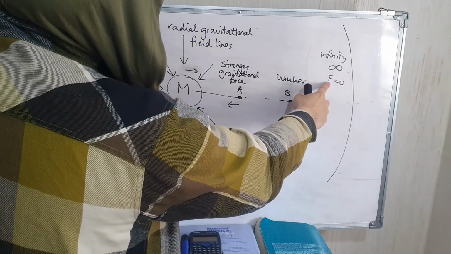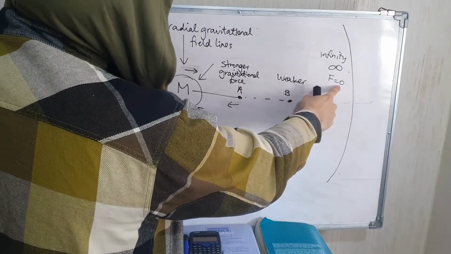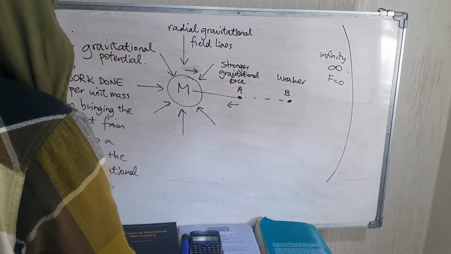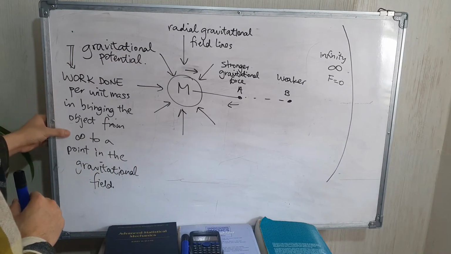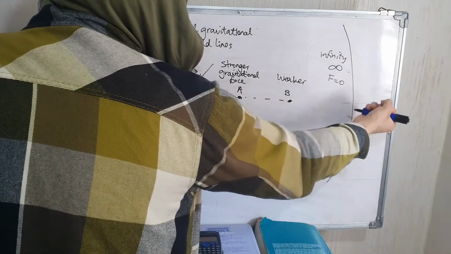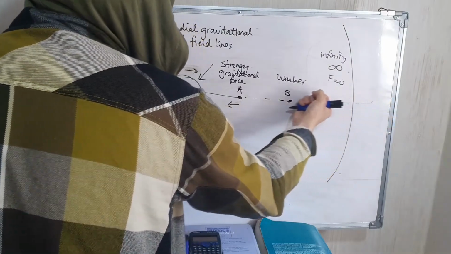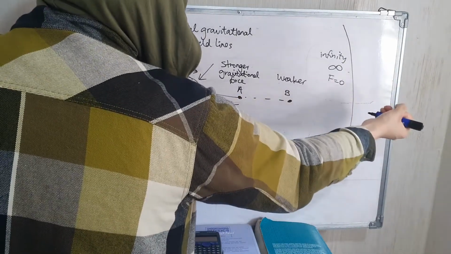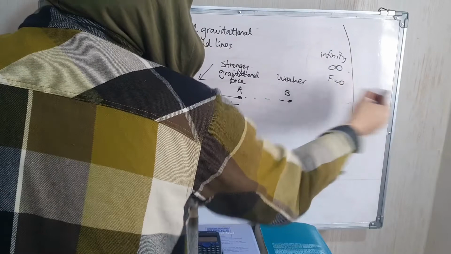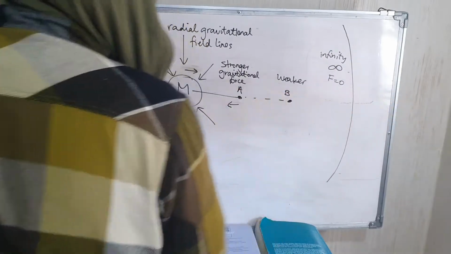And by definition, F is equal to zero when it's at infinity. So you're bringing a unit mass from far away where the force is zero, and you're bringing it closer.